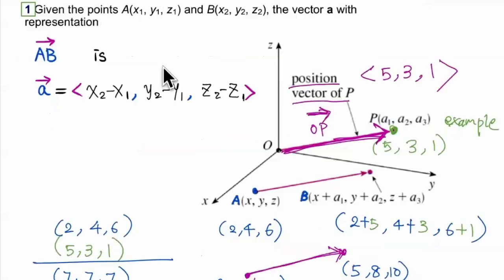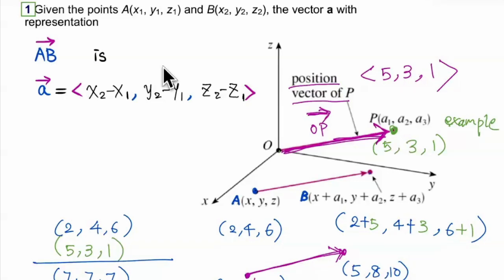Take a look at this picture here. You take the ending point's coordinates and then subtract the starting point's coordinates, and that will be the vector. So this one subtract this one, you get 5. This one subtract this one, you get 3. This one subtract this one, you get 1. And (5, 3, 1) is the vector that represents this AB vector.